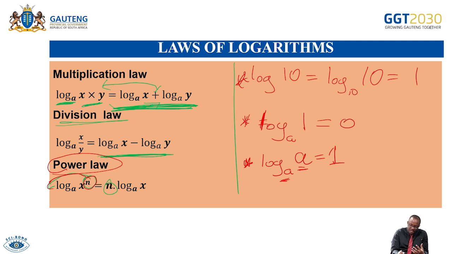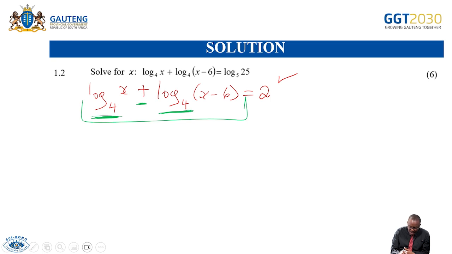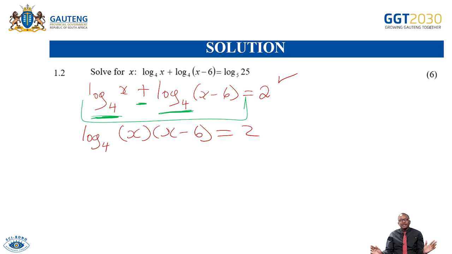Then we can move from expansion and write it as 1. It's going to be log base a, then we multiply the two numbers, x and y. That's basically what you are going to do when you get here. We are going to write it as log base 4 of x multiplied by x minus 6 is equal to 2. It's as simple as that.